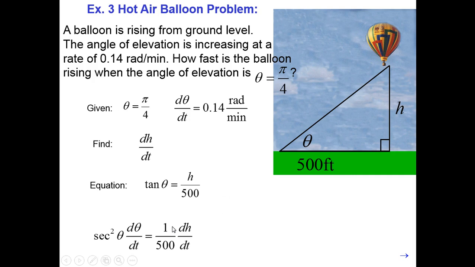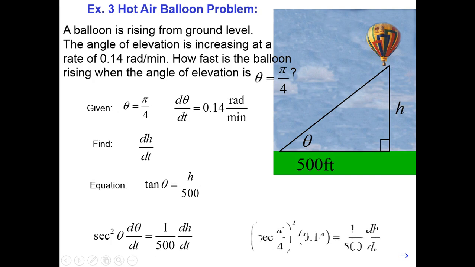The derivative of that would just be 1/500 dh/dt. Really think about this. You have to think of tangent as your outer function, theta as your inner function. Derivative of the outer evaluated at the inner, which is theta, times the derivative of theta, d theta/dt.